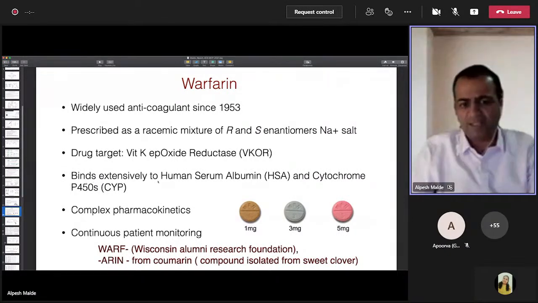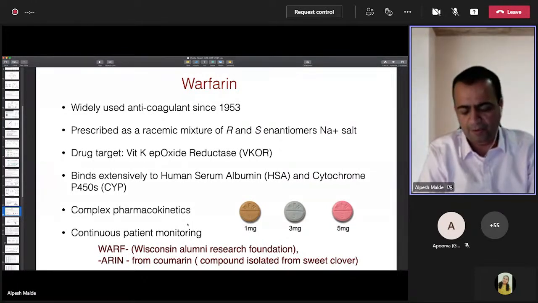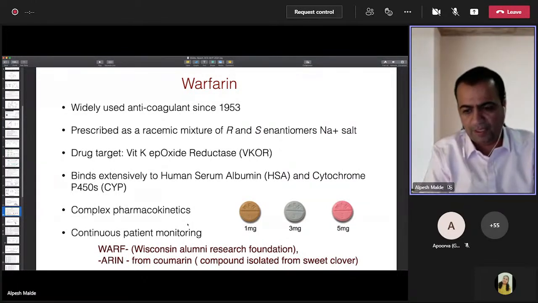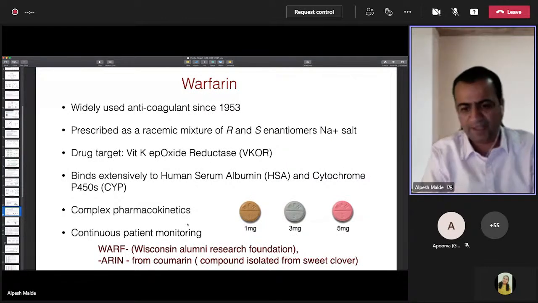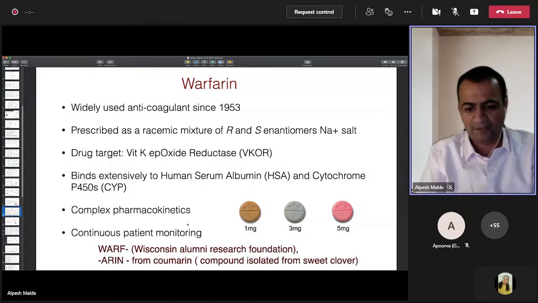Now it binds extensively to these proteins and has very complex pharmacokinetics. If anyone in the audience has ever been on warfarin therapy, they would know that warfarin has so many interactions that if you slightly change your diet or schedule or anything, your drug dose has to be changed for a given day. Then you do the prick and the blood clot time, and based on the blood clot time, the pathology lab or the doctor will prescribe the dose for that day or the next day.